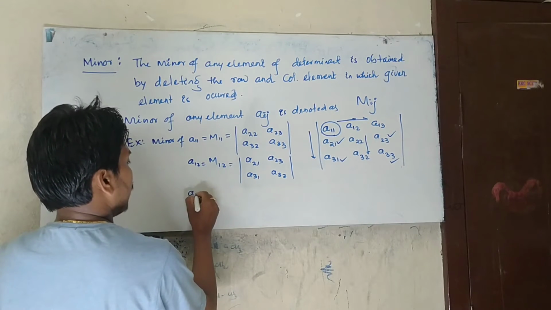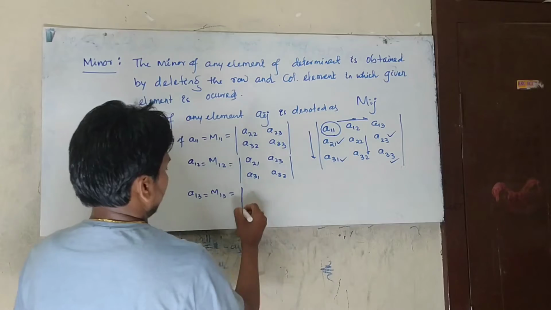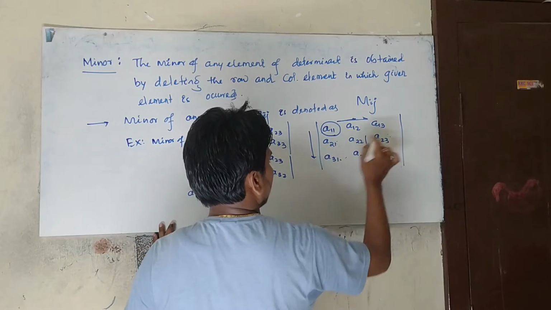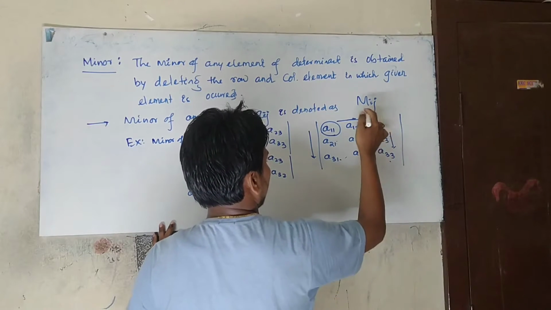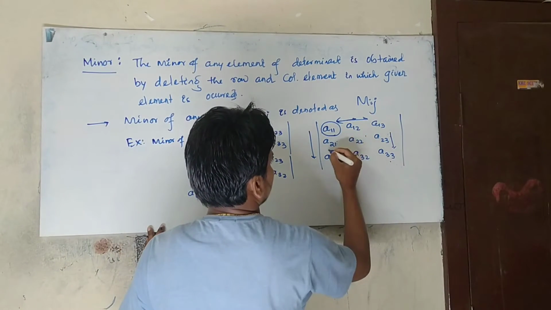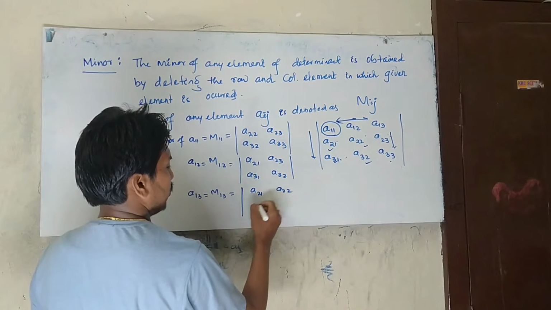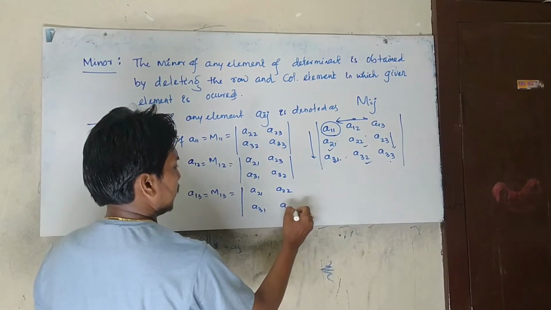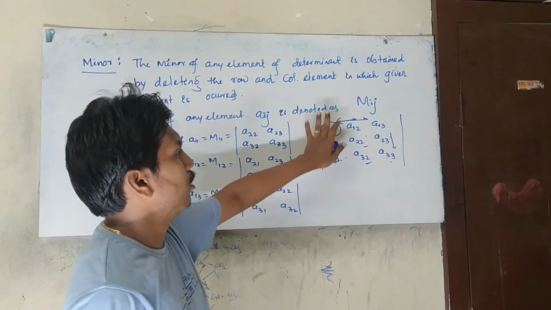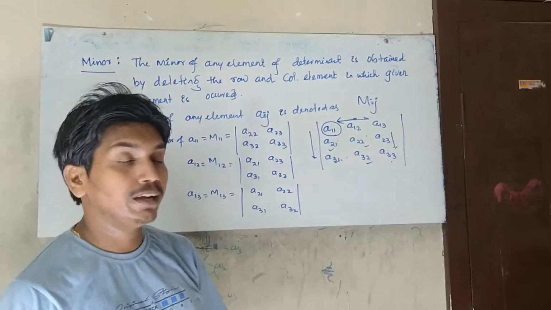Now for A13, that is M13, forget this row and this column. Now write A21, A22, A31, A33. Like that, you can write the minor of each and every one of the 9 elements.